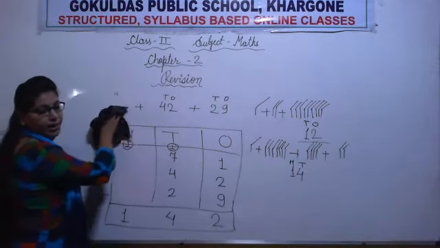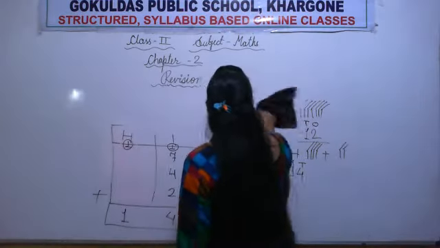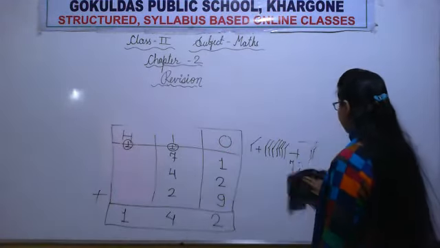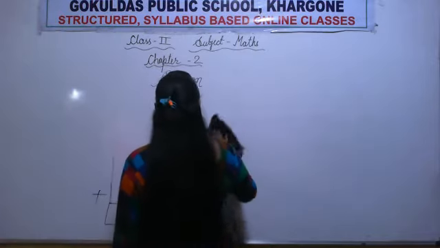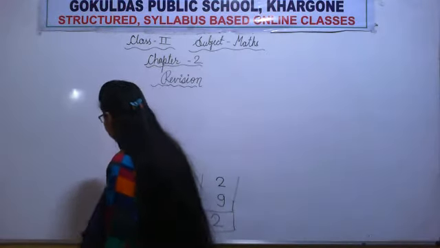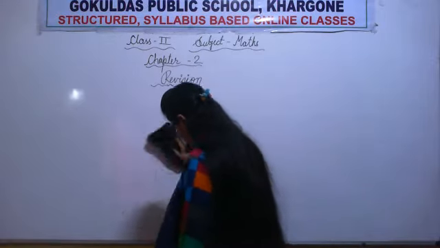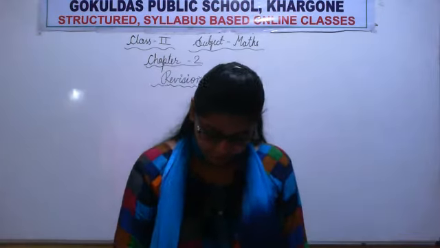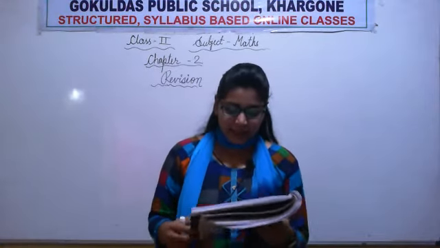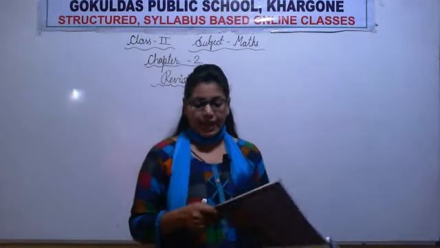Now question number 5. Read question number 5. Question number 5 is: find the estimated sum by rounding off the numbers to nearest tens.